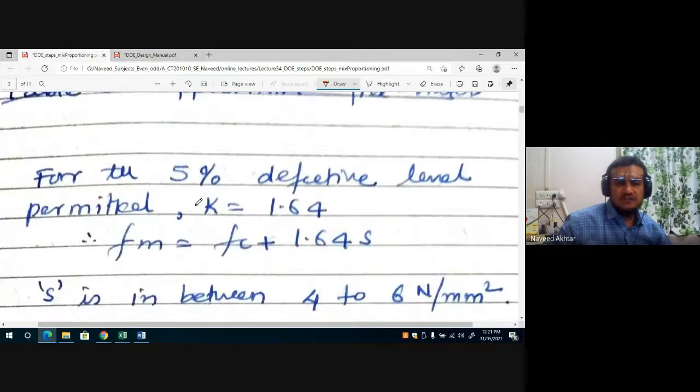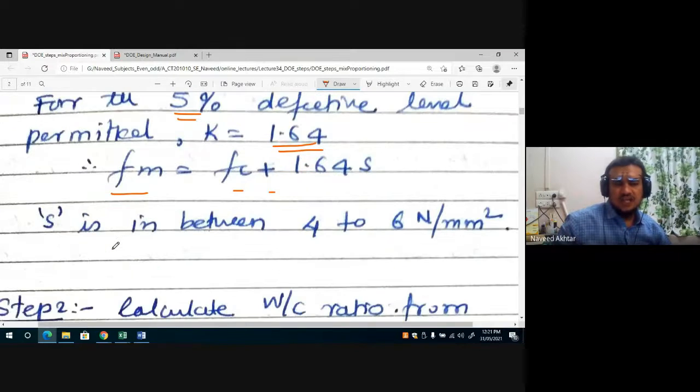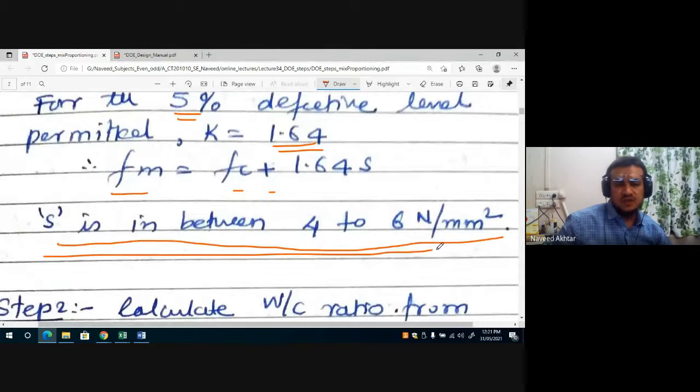So if we consider the 5% defectiveness, then the value of K will be 1.64, and the formula will be Fm is equal to Fc plus 1.64 into S. S is in between 4 to 6 Newton per mm square.